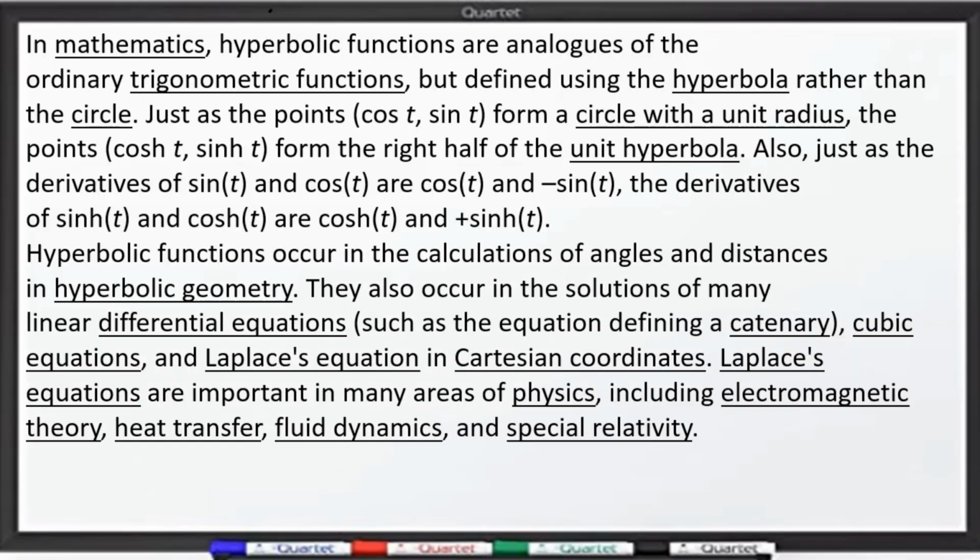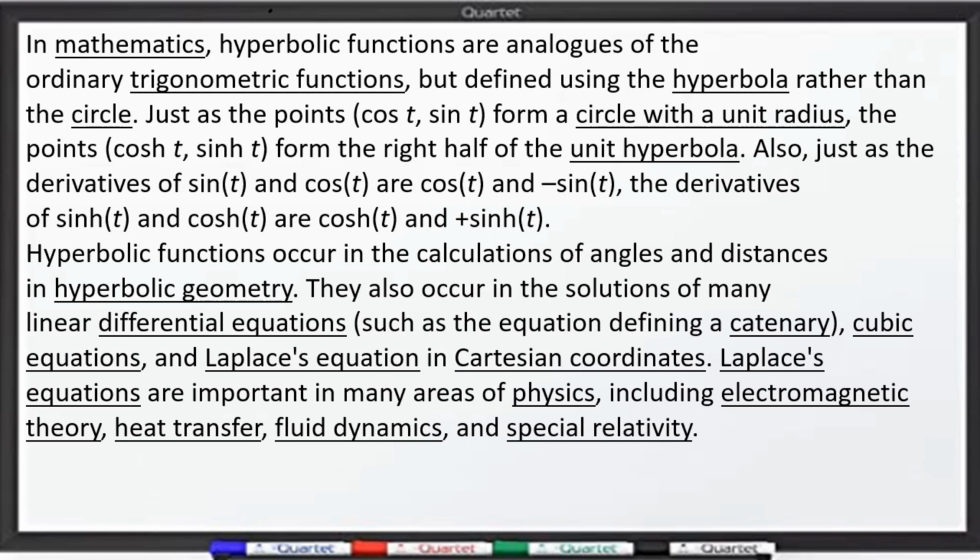Let us start by defining what is a hyperbolic function. In mathematics, hyperbolic functions are analogues of the ordinary trigonometric functions, but defined using the hyperbola rather than the circle. Just as the points cosine t, sine t form the circle with a unit radius, the points hyperbolic cosine t and hyperbolic sine t form the right half of the unit hyperbola.